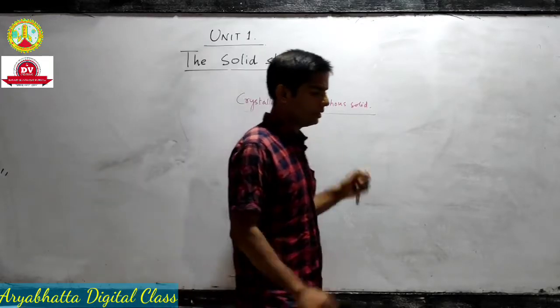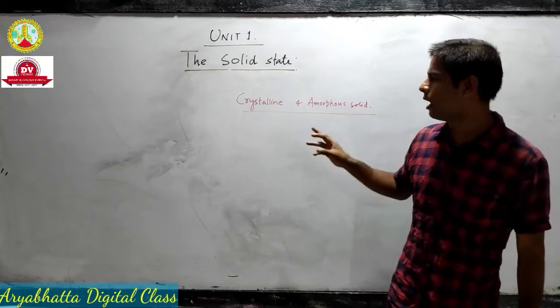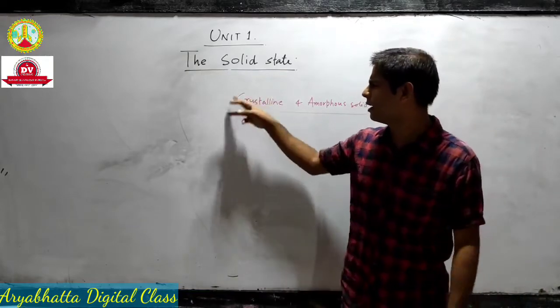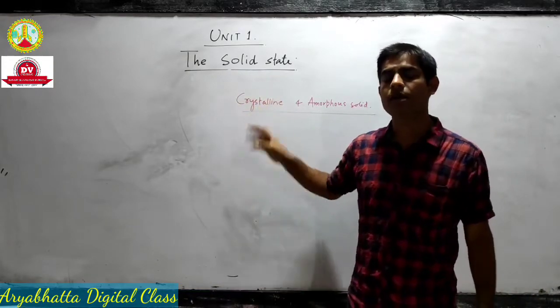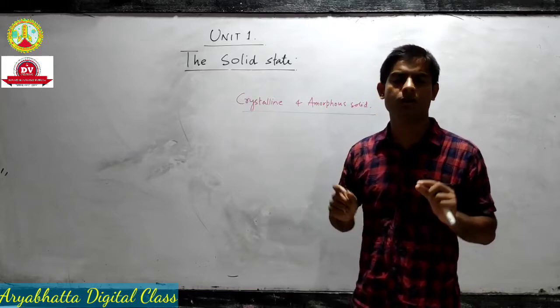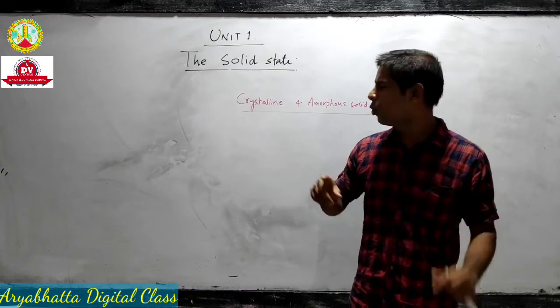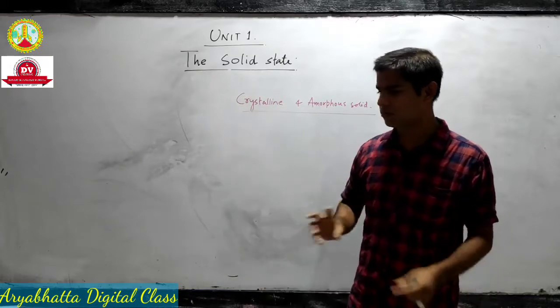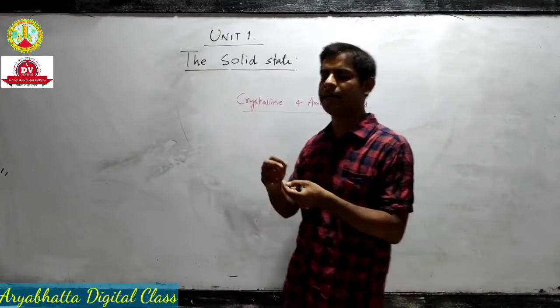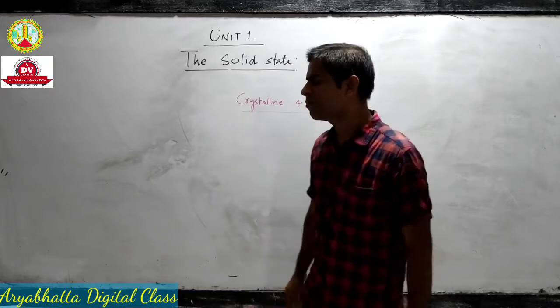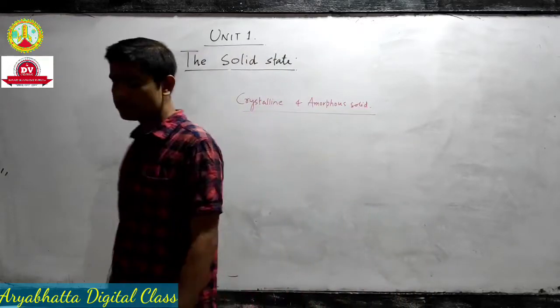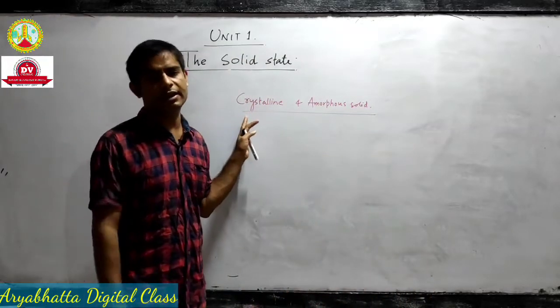And crystalline solids, as we will see later, since they have ionic bonds, the compounds which contain ionic bonds form crystalline solids. So they are brittle in nature.